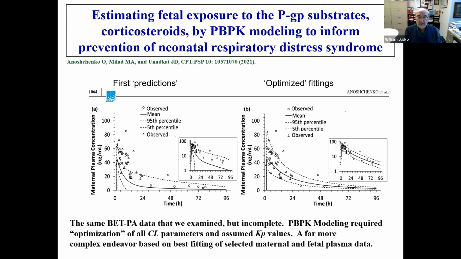Ours is a bit more comprehensive because we used all possible data. They used only part of the data that's published because doing this is a lot of work. So it's readily possible to apply full PBPK models, but our argument is, why bother with the unnecessary baggage? All of those additional tissue compartments are just weighing down the computational procedure, making it more difficult for someone new to try to do modeling of this type.